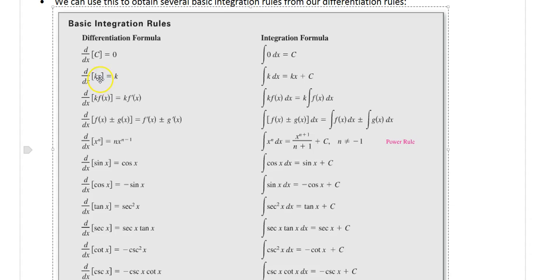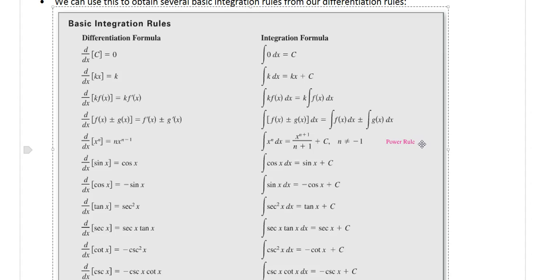The derivative of k times x is k, but the integral of k with respect to x is kx plus a constant. And you can see that all of these go through as well. Now, one that I want to point out that's a little bit interesting is this one. So the derivative with respect to x of x to the n is n times x to the n minus 1, but the integral of x to the n is x to the n plus 1 over n plus 1 plus c, where n is not equal to negative 1.